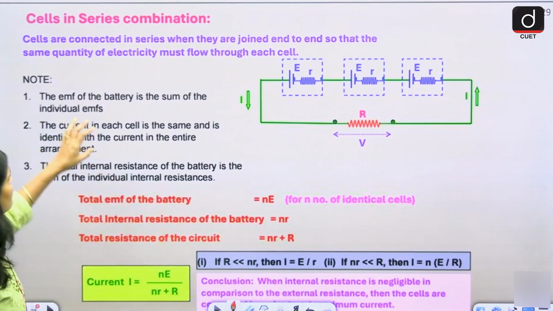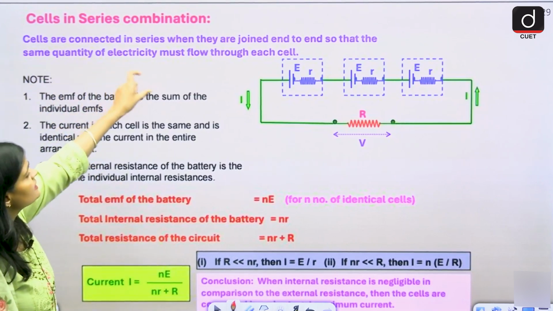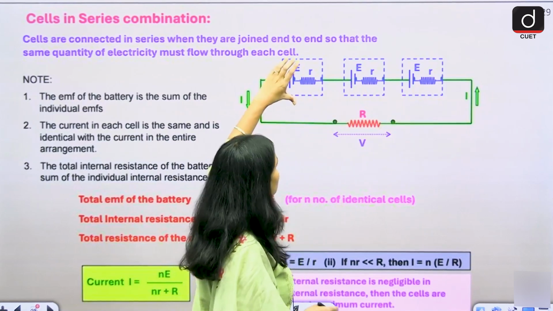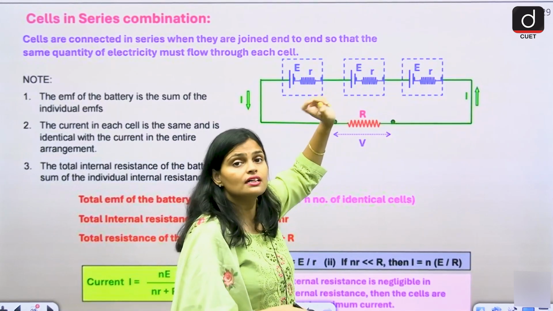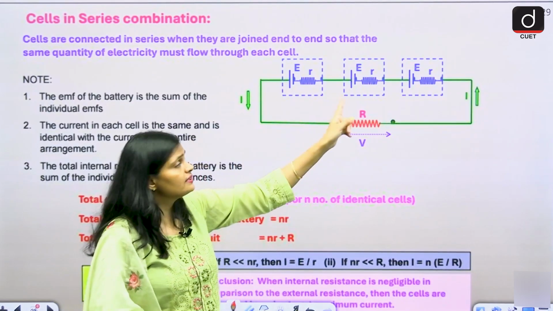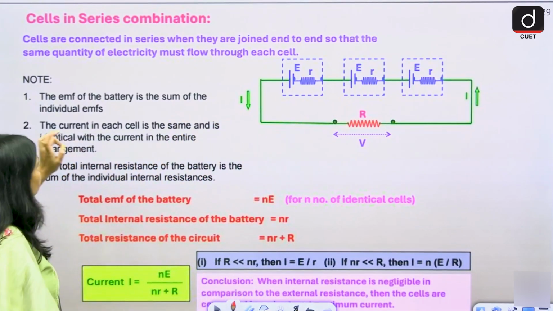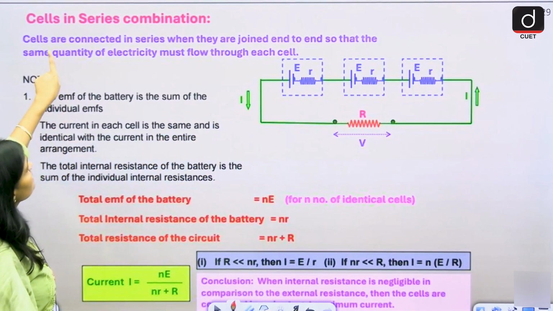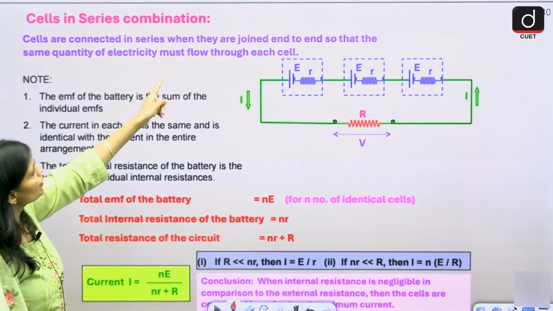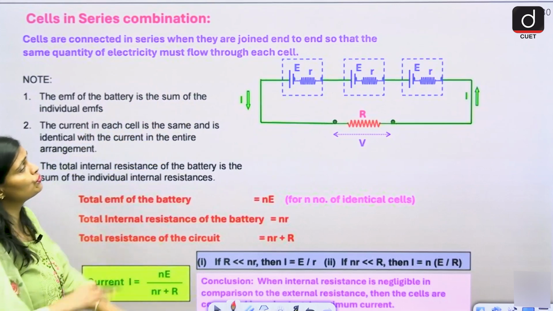Now similarly, when the cells are in a series combination, see, this is your circuit where you have just connected the cells in a series combination, like you have connected resistance, you have connected cells in series. The cells are connected in series when joined end to end, so that the same quantity of electricity must flow through each cell.